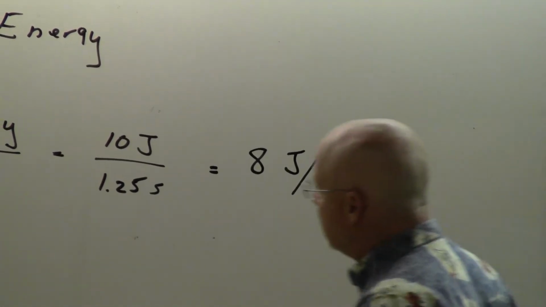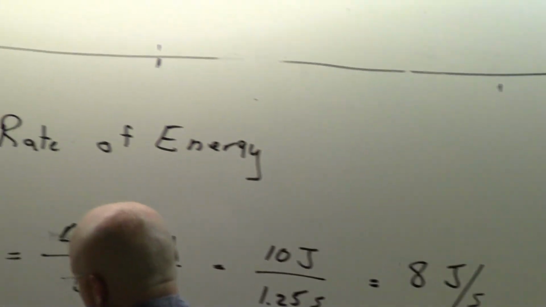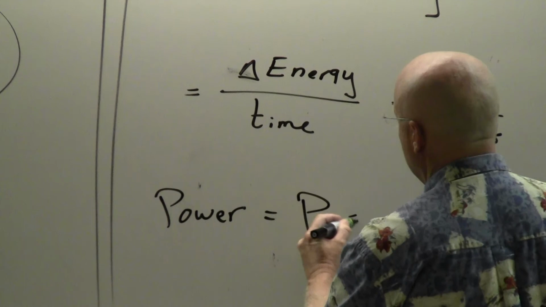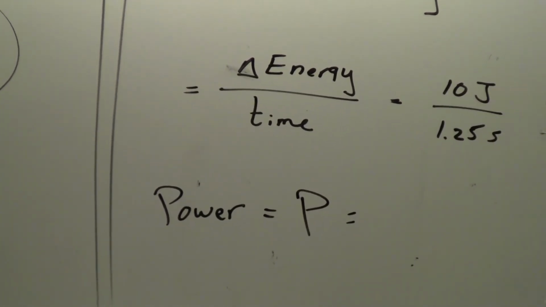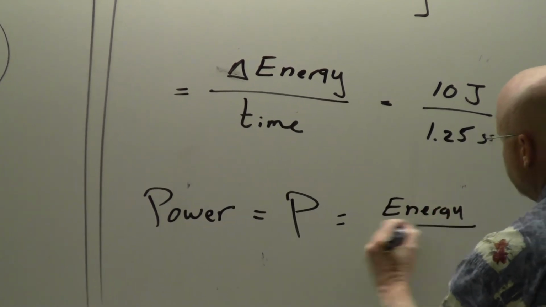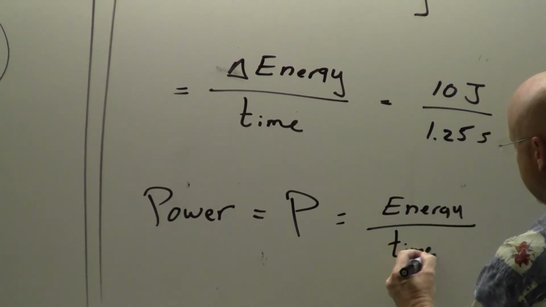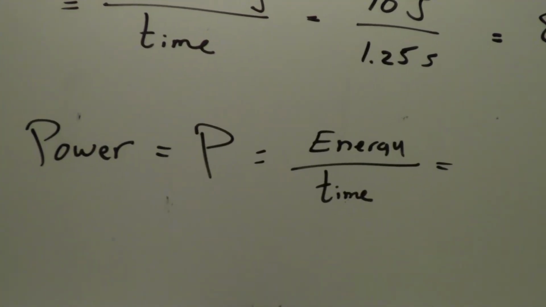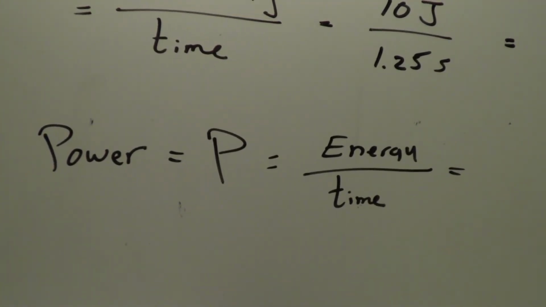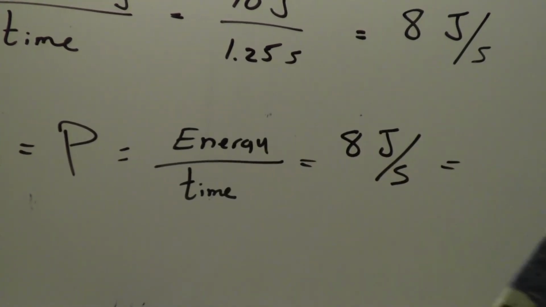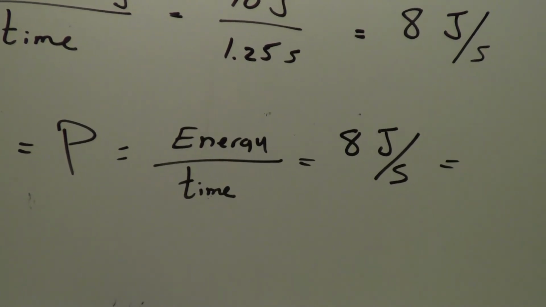But this has a name. We call this then power. Capital P for power. And so how energy changes with time is then referred to as power. So in this case, as it is going down, I would say the power is 8 joules per second.